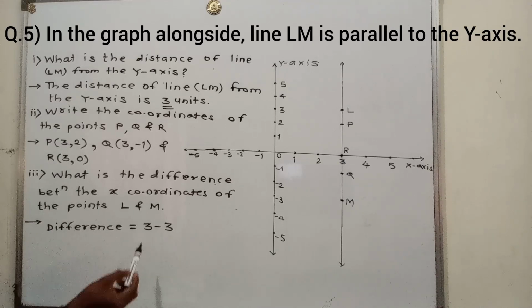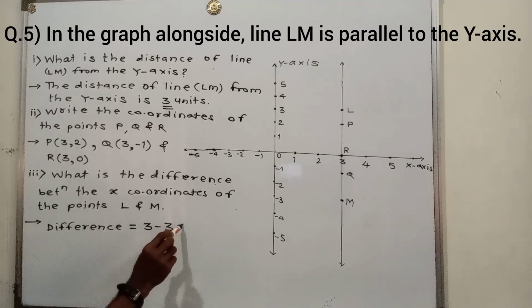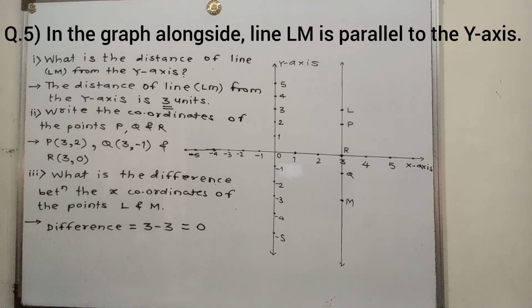Difference means subtraction, bigger minus smaller. But here both are same. So 3 minus 3 is equal to 0. Did you get it? These are the answers of these different questions. Okay, write this.